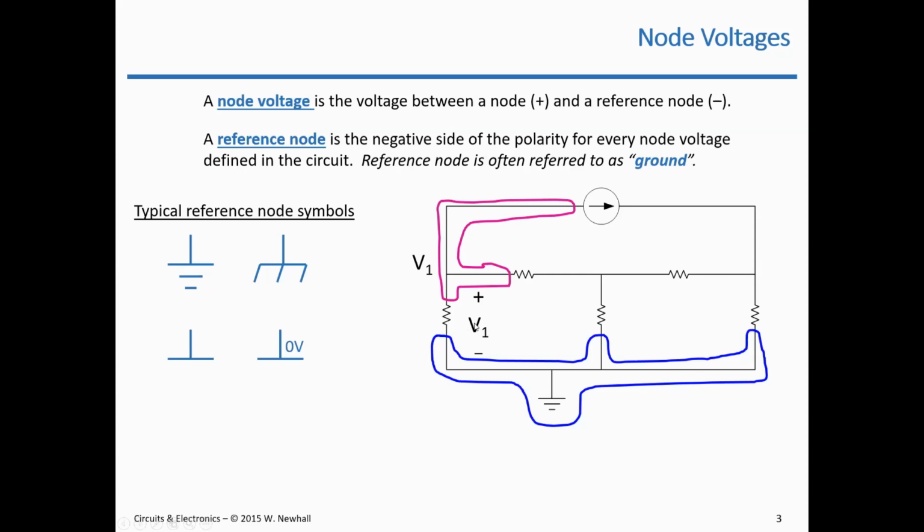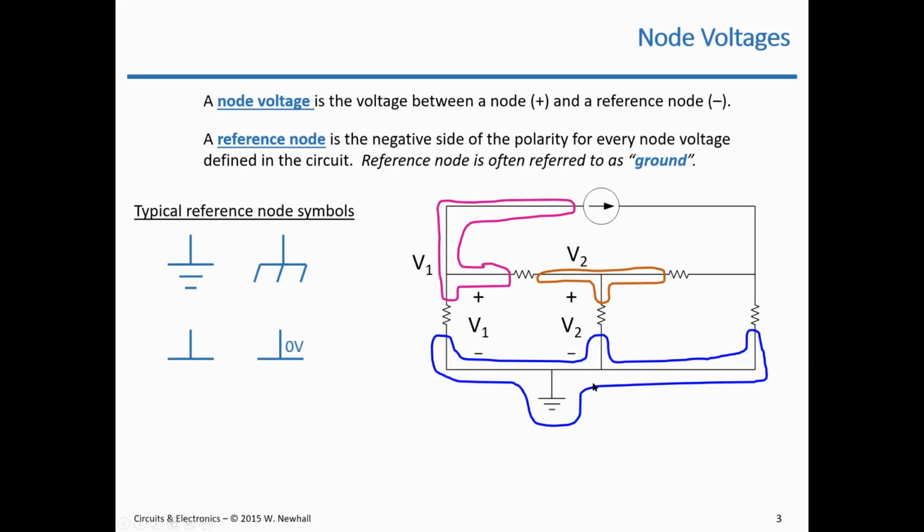Okay, so let's define node voltage V2. I just picked a node and I call that V2. That applies to this entire center node here. If I were to explicitly draw the polarities, I'd have V2 between this node with the positive side and the reference node.